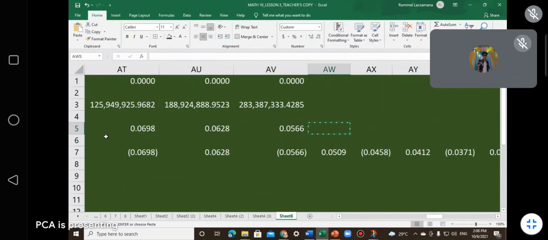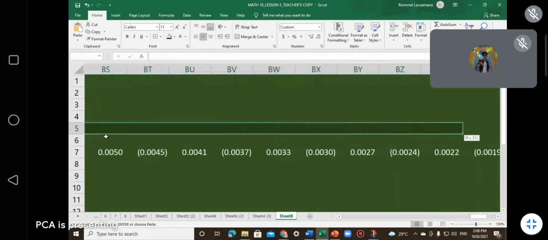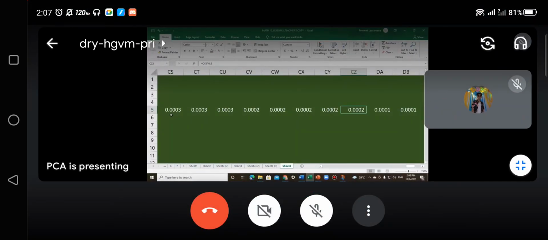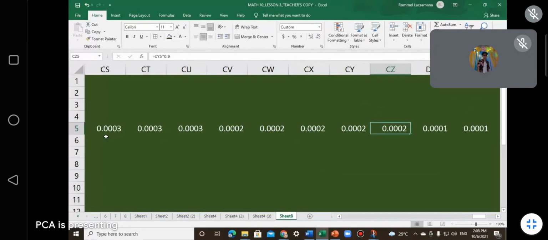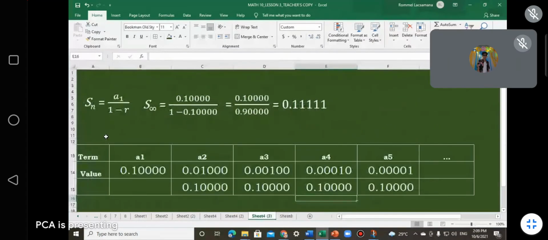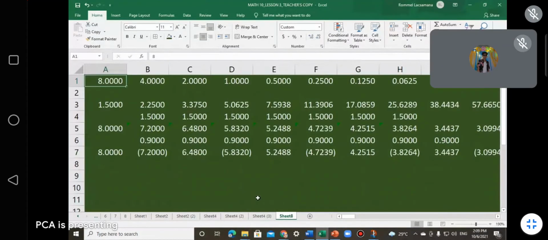I'm going to generate this, multiplying it by 0.9. It really goes to 0, class. So 0.9 is really qualified.